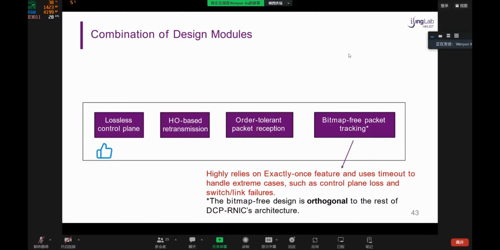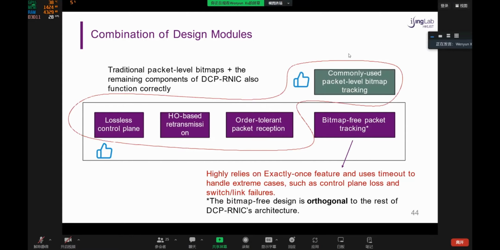In fact, this bitmap-free design is also orthogonal to the rest of the DCP RNIC architecture. This means traditional packet-level bitmaps combined with the remaining components of DCP RNIC also function correctly.